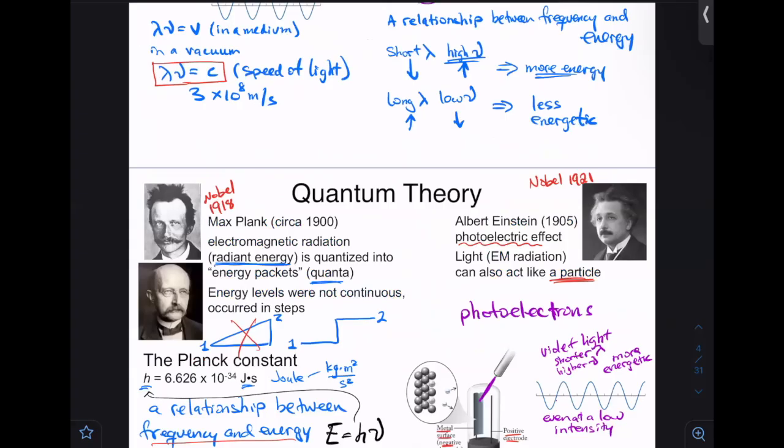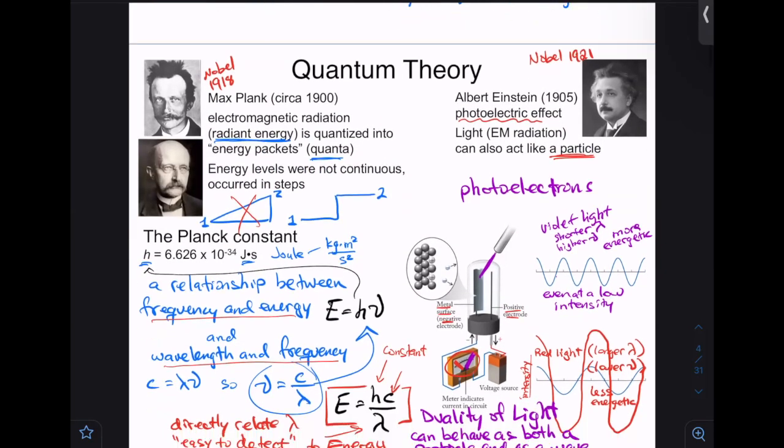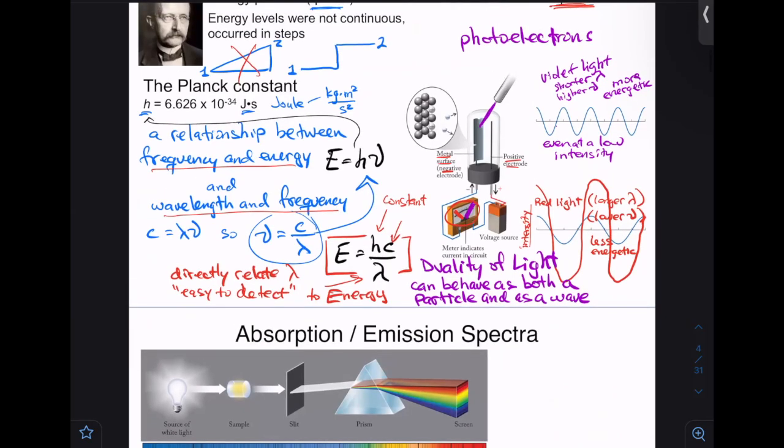We talk about Max Planck, whose name is spelled wrong on this slide, but I think in the one that I gave you, it's spelled right now. Oh, there, I spelled it right down below. And lots of little equations here. We won't be doing math with these equations, but I do want you to understand what those equations mean and what they represent and what the symbols in those equations represent. All right.